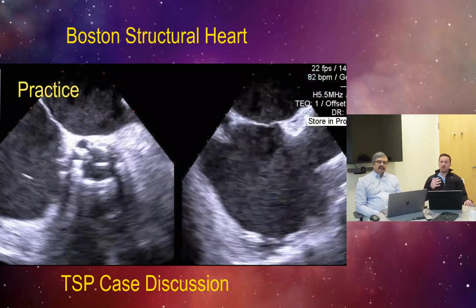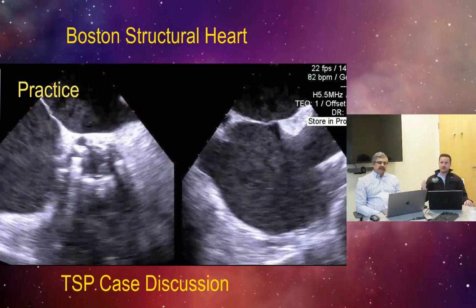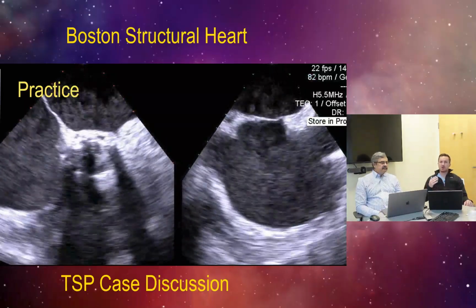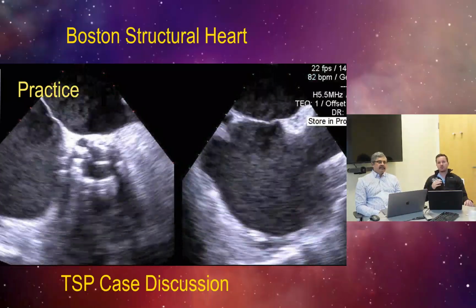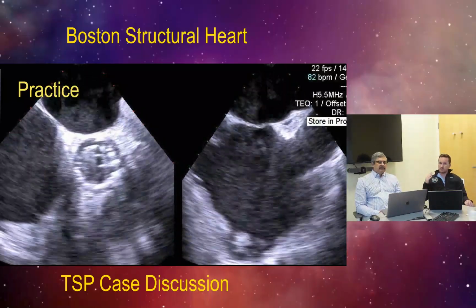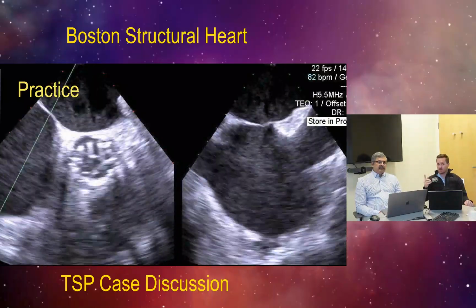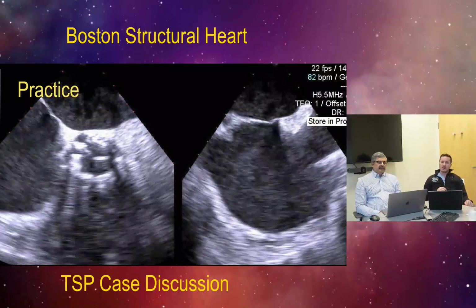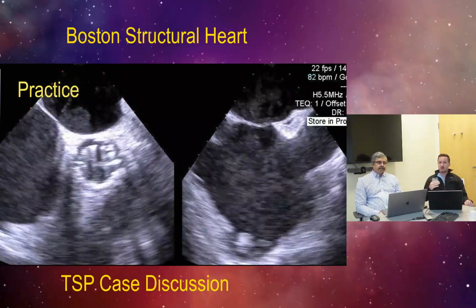And so when you are performing the Trans-Septal Puncture, you need to very quickly, easily, and seamlessly transition between your four-chamber, bicaval, and short-axis view without losing sight of the needle. And this needs to be done quickly, in real time.